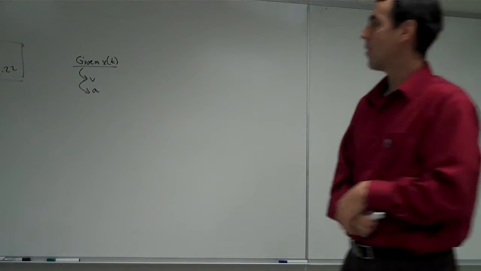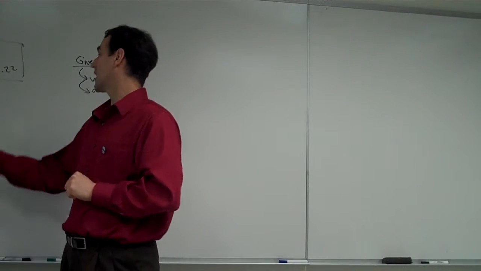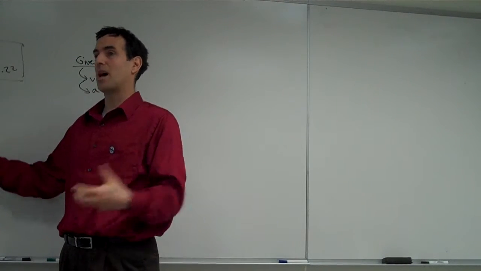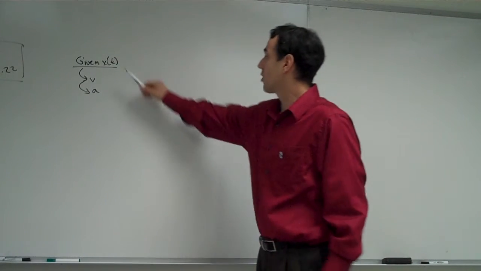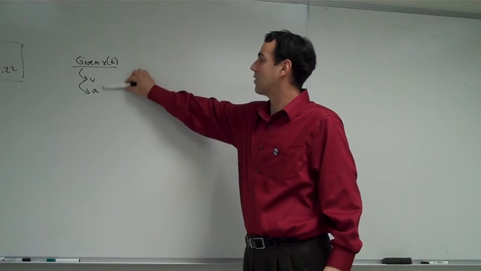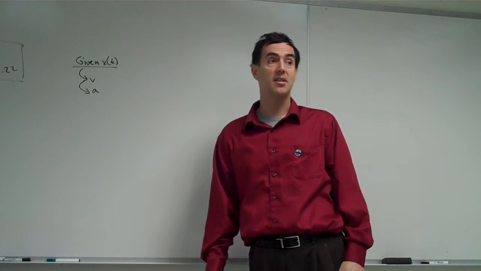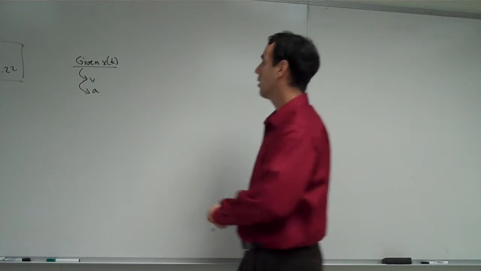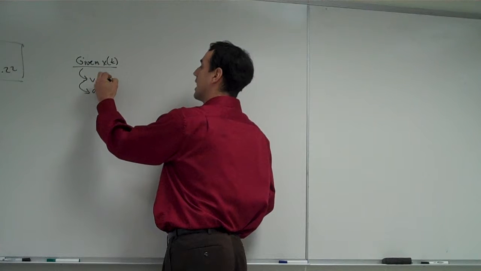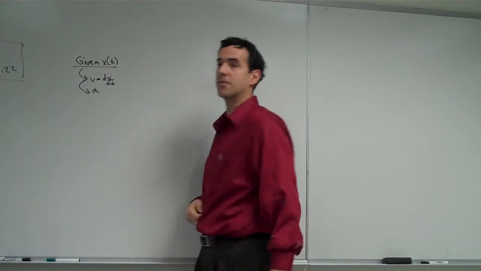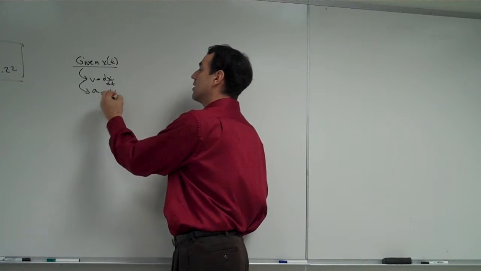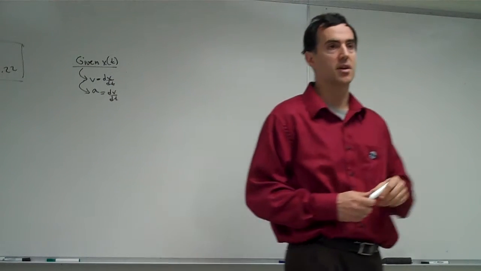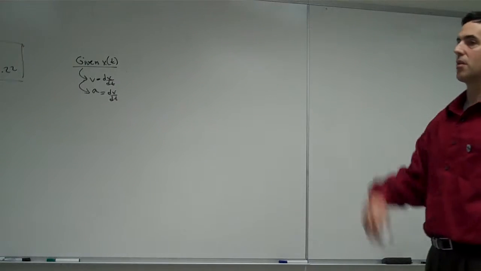As I said, we're usually going to use forces to get acceleration, so we're not often starting with position. So given position, can we get velocity and acceleration? The answer is yes. What do I do? Well, velocity is dx dt, so I just take a derivative and I get velocity. Acceleration is dv dt, so I just take a derivative and I get acceleration. I'm not going to do another example with that.